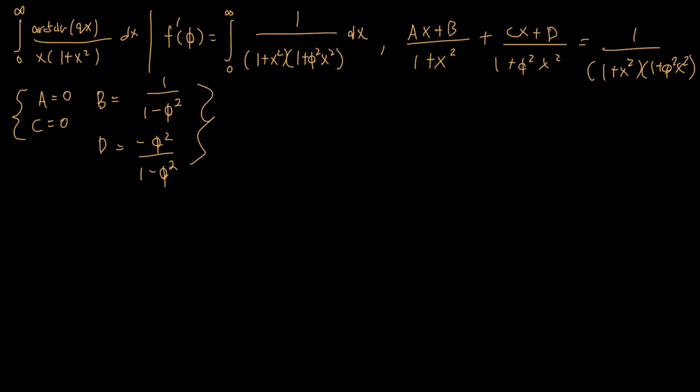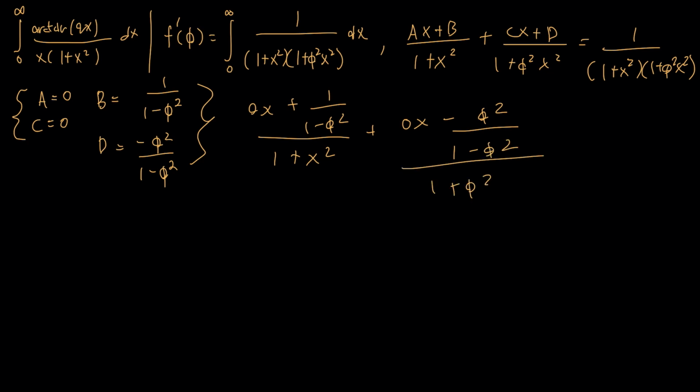So now plugging into our expression, we have 0x plus b, so 1 over 1 minus phi squared divided by 1 plus x squared, plus 0x plus d, but that's going to be minus phi squared divided by 1 minus phi squared all over 1 plus phi squared x squared, is this integrand 1 over 1 plus x squared times 1 plus phi squared x squared.